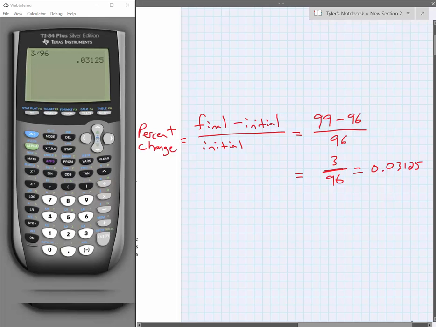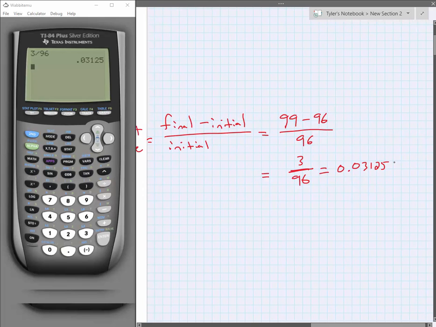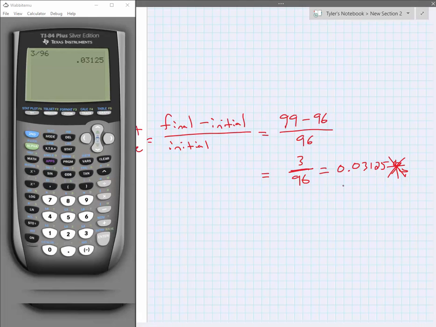Something you want to be careful with is we don't put a percent sign here. Don't do that. A good rule of thumb is whenever we're working with an equation, your answer is going to be in decimal form of a percent.